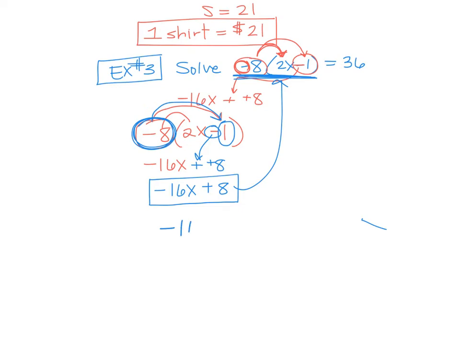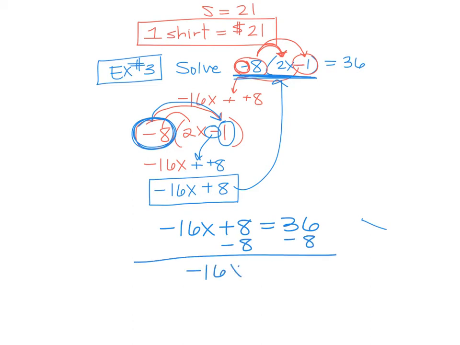So it's -16x plus 8 equals 36. What would my next step be? Subtract 8. Thank you, Damon. So if we take away 8, we get -16x equals, this is gone, 36 minus 8 is 28.